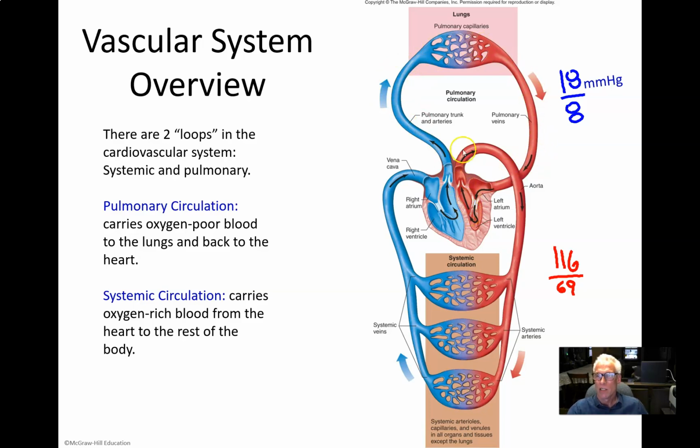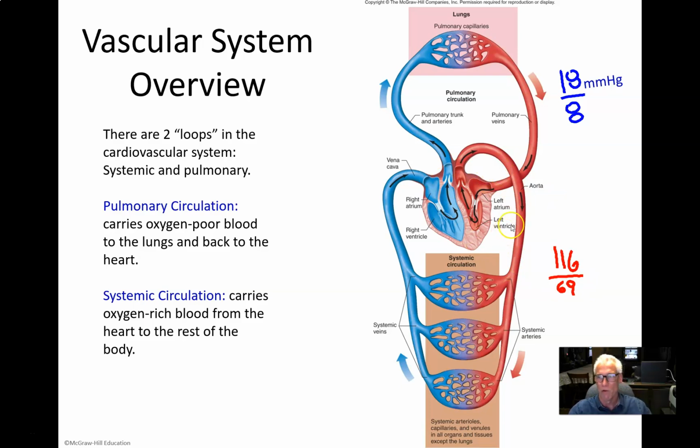The left heart has to pump blood under very high pressure, as we'll see why later, to move it through all these capillary beds. So the pressure in there is on the order of 116 to 120 millimeters of mercury during systole, during the contraction phase of the heart, and maybe 70 or 80 millimeters of mercury when the heart rests. That's a lot of pressure inside the arteries.